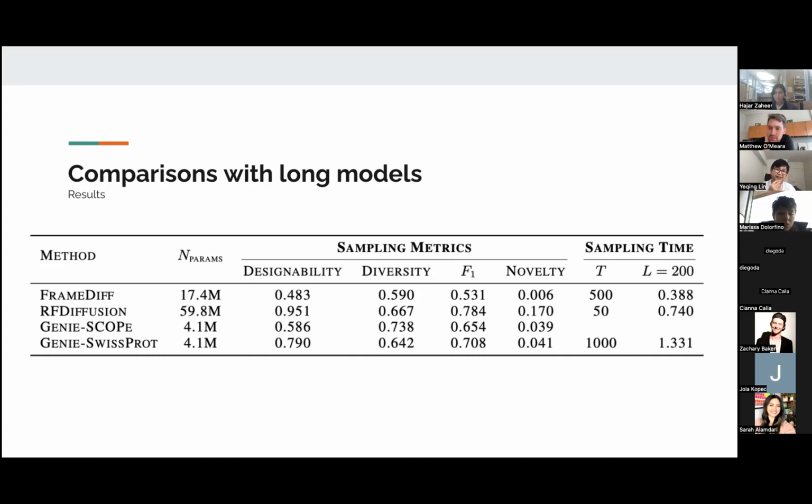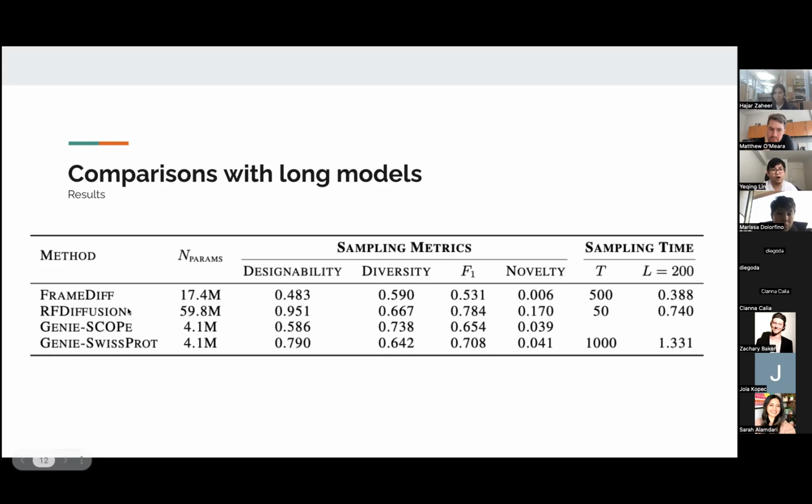Yeah, so it's different stories. If you check the novelty part, for Genie, the SCOPe set is pretty much within the PDB data set. And for Genie, the AlphaFold DB Swiss-Prot, I haven't checked the overlap, but there is definitely some overlap with the PDB data set.